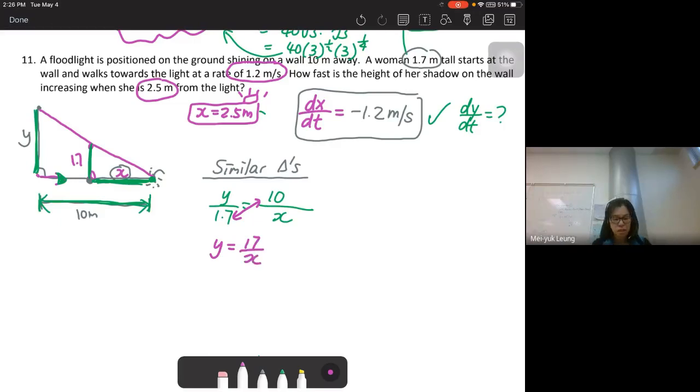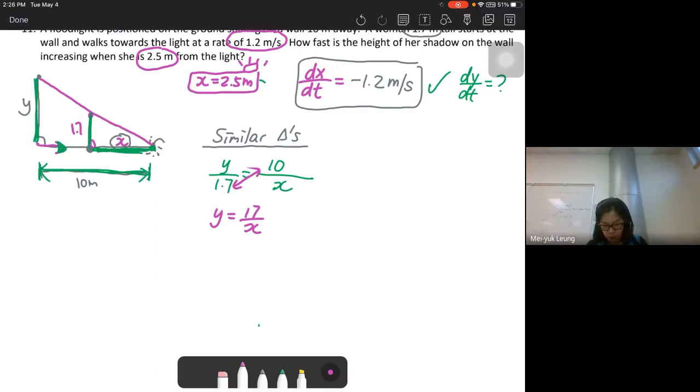So this is a simple equation, and we can easily find the derivative of this function with respect to time. We have dy/dt equals negative 17 over x squared times dx/dt.